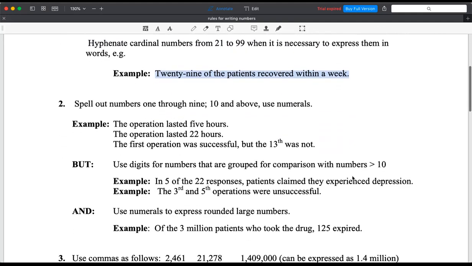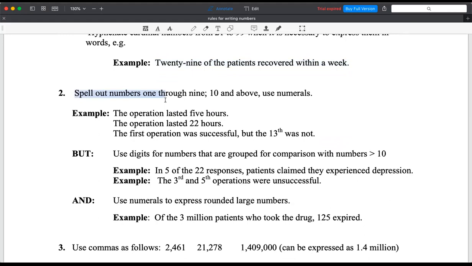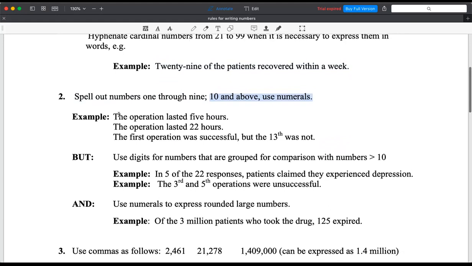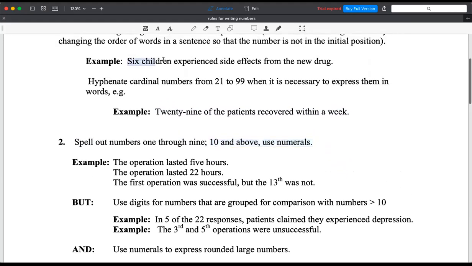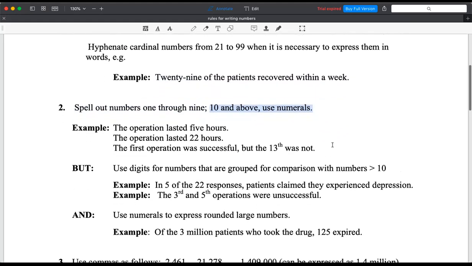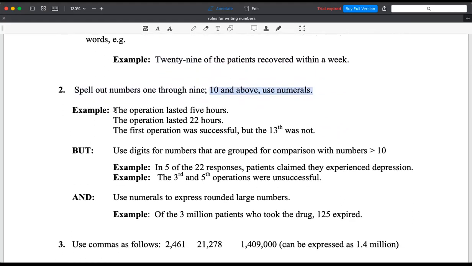Rule number 2: we spell out numbers 1 through 9, and for 10 and above, we use numerals. Once again, this is in the middle of a sentence, not the beginning, because at the beginning of a sentence we always spell them out. In the middle of a sentence, we spell out numbers below 10.